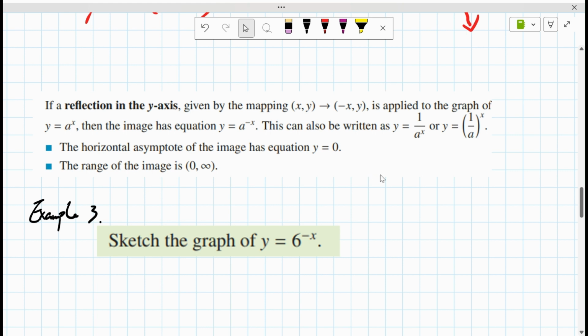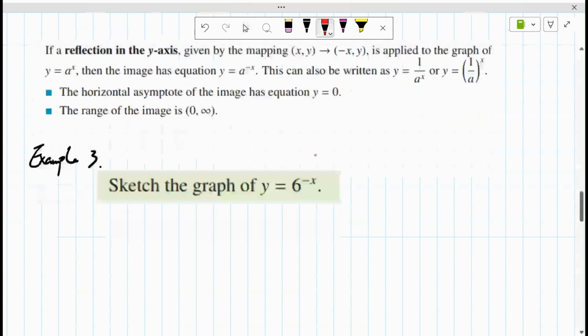So now a to the power x becomes a to the power of negative x. And once you have a negative power, that actually becomes 1 over a to the power x. Still, the horizontal asymptote is y equals 0. And the range is going to be from 0 to infinity.